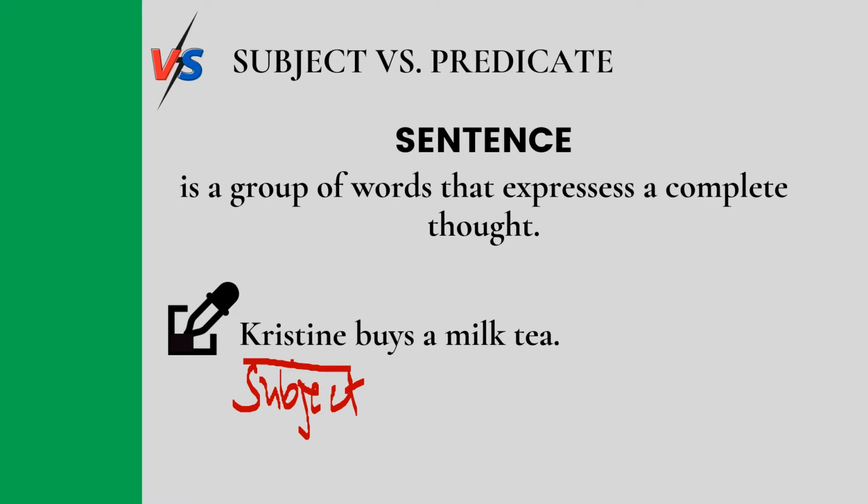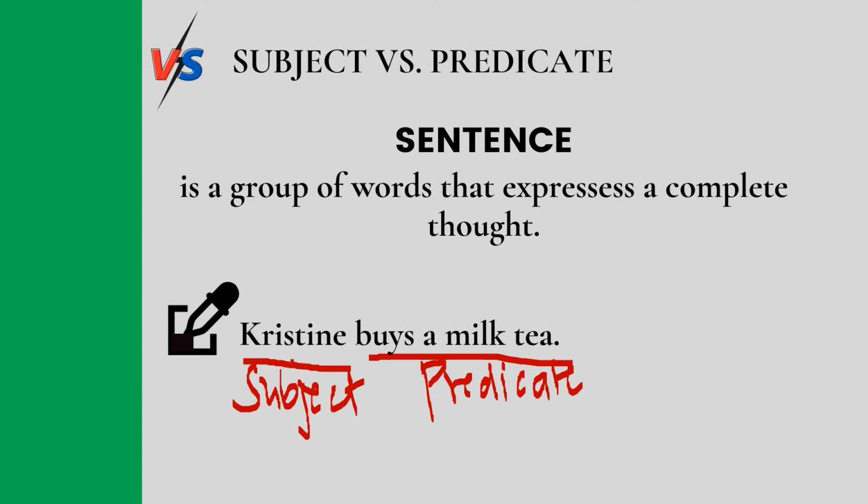What about the predicate? The predicate must contain a verb explaining what the subject does and can also include a modifier. So our predicate in the sentence is buys a milk tea. Christine is our subject and buys a milk tea is our predicate.